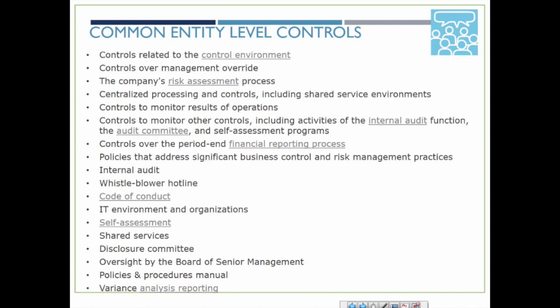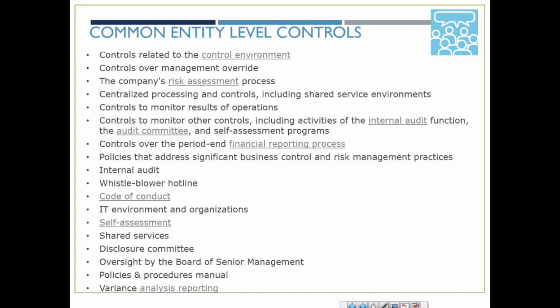These aren't all inclusive, just some examples. What's most important, one of the key things auditors are going to look for with entity level controls, will be controls related to the control environment, and controls over management override in the company's risk assessment process.